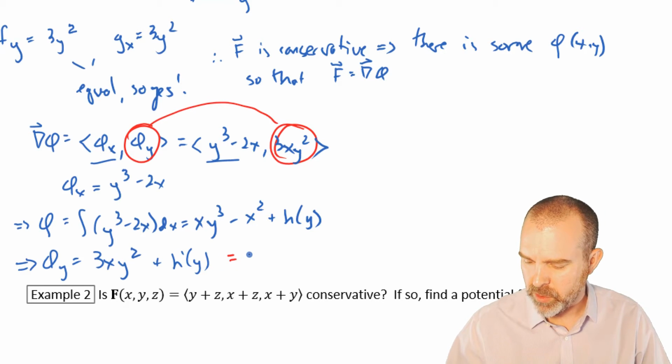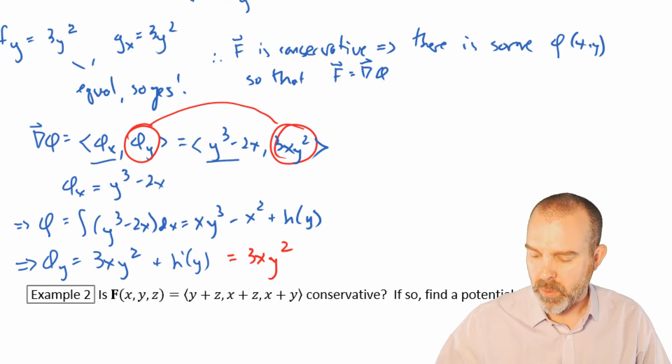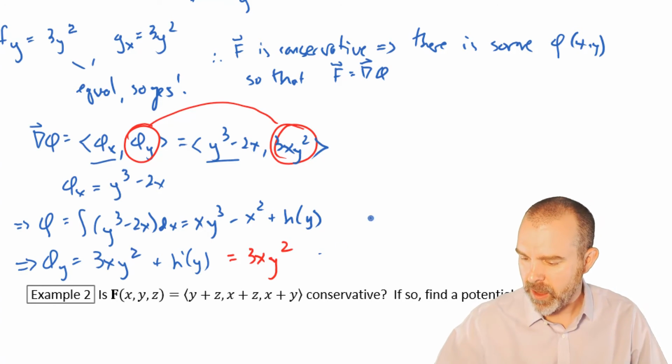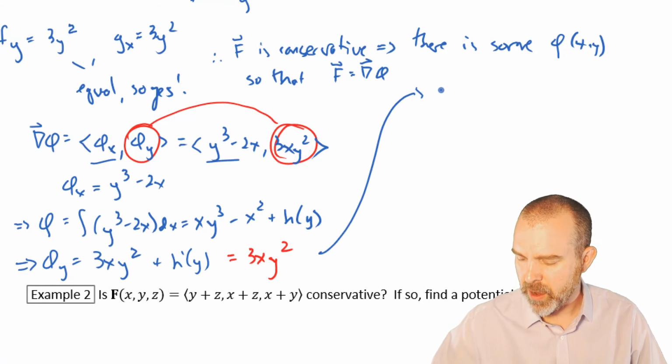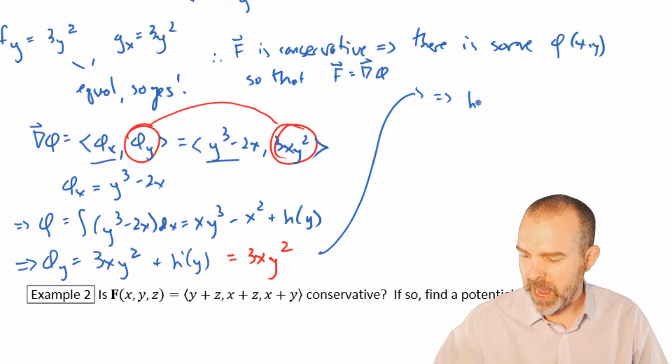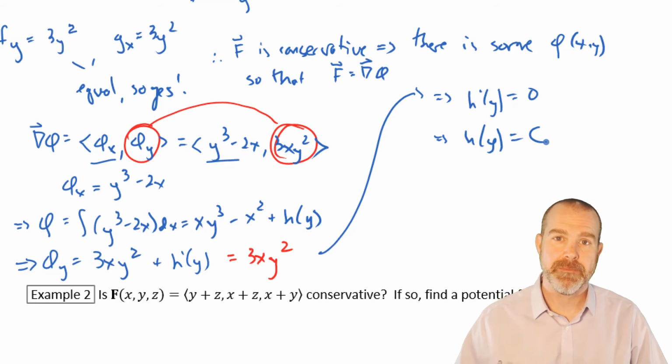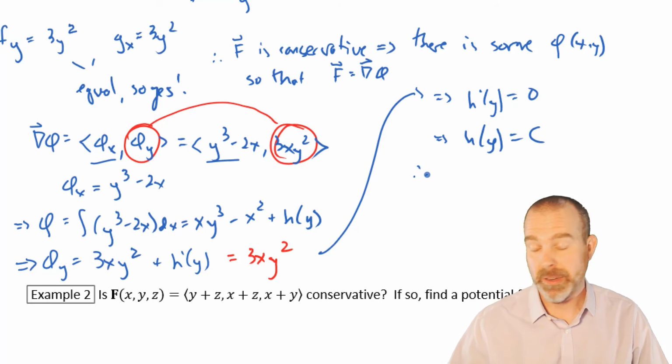So that must be equal to 3xy squared. Well, there's a clear implication there. This implies clearly that h prime of y must be equal to 0, which means that h of y is some constant. So we have it actually, believe it or not.